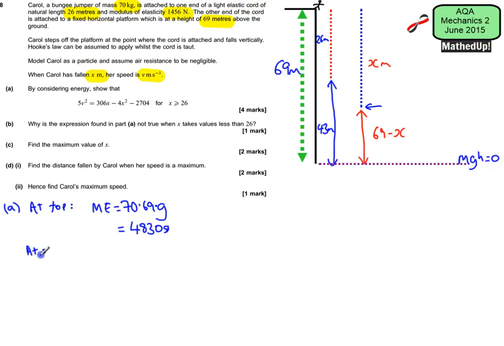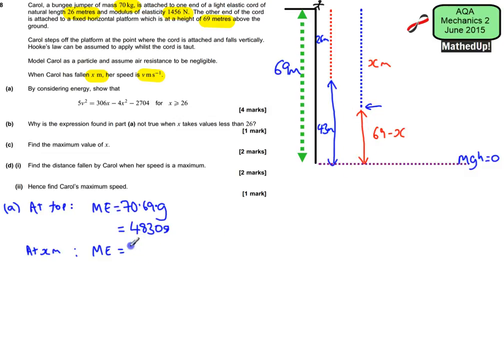At x meters, our mechanical energy is going to be equal to mgh again, where our height is 69 take away x.